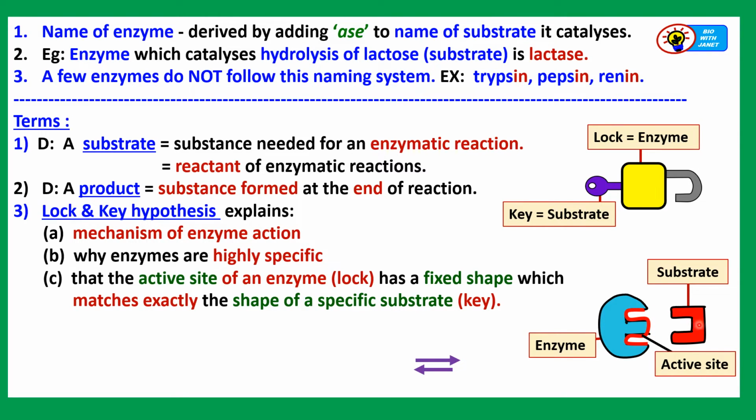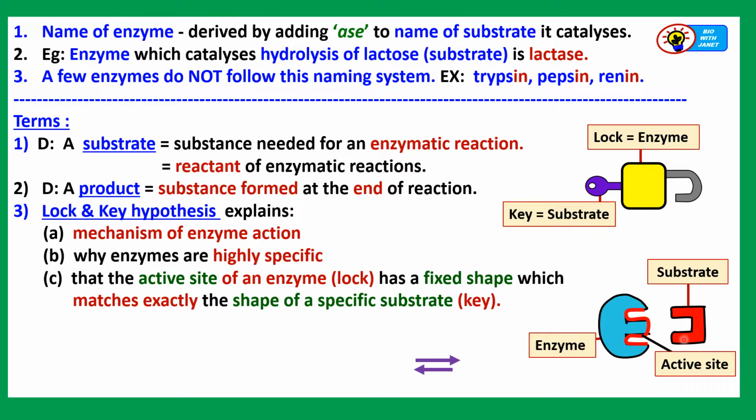The active site here is the place where the substrate will fit inside. You can see that the active site of this enzyme has a fixed shape, which is complementary exactly to the shape of the specific substrate.